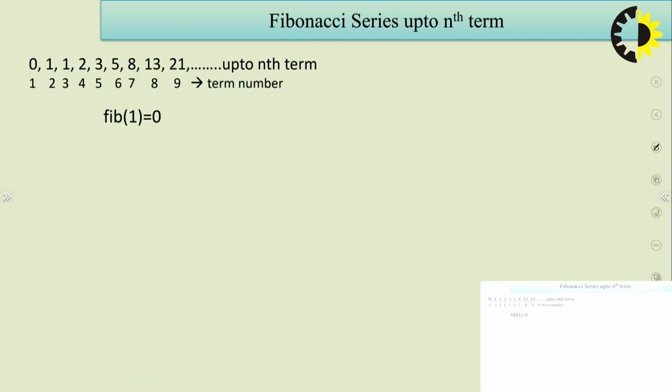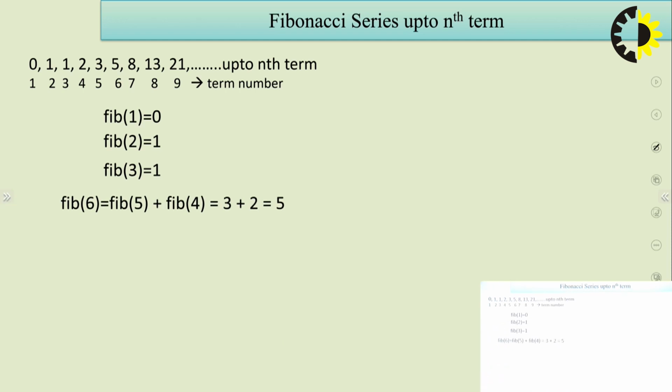Now another example, same here, two base cases. This is the Fibonacci series. As we know, the sum of the previous two terms generates the new term. Fibonacci of 6 equals Fibonacci of 5 plus Fibonacci of 4.